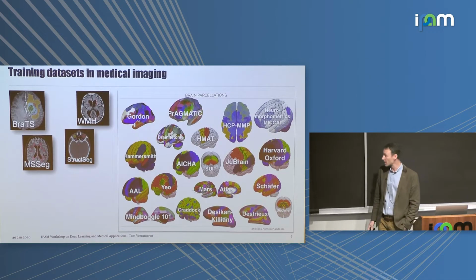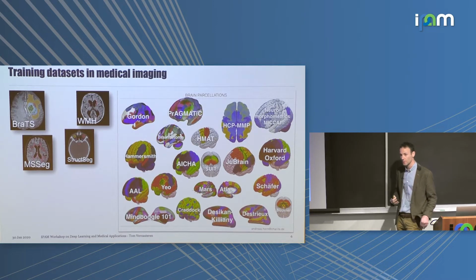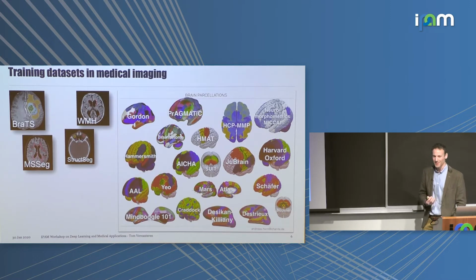Another big challenge that we face, especially if we want to infer different tasks on the same data, is that because we're in medical imaging, training data is always complicated to get.